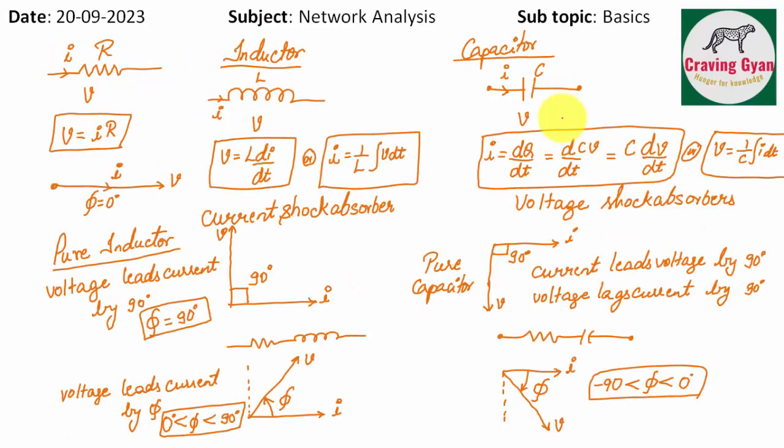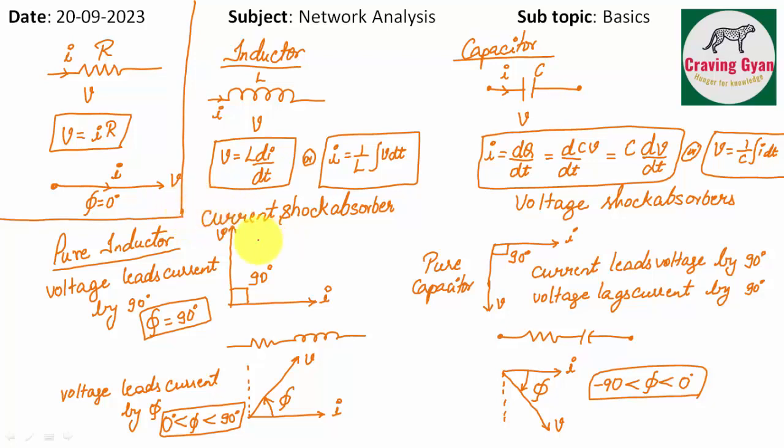Now for an AC excited one, its behavior is not at all changing. But in the case of inductor, V equals L into di by dt we will be getting. If we want to derive for current, what we can do is apply integration on both sides.